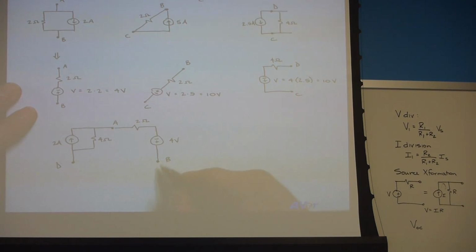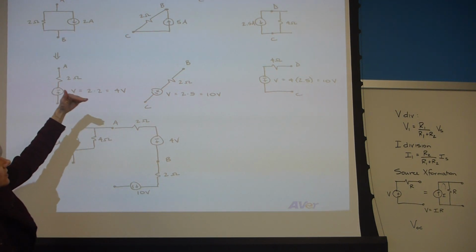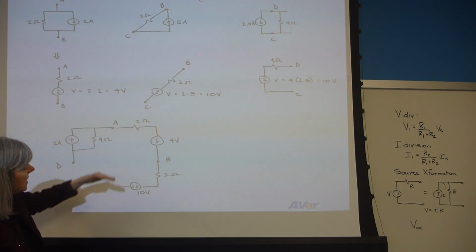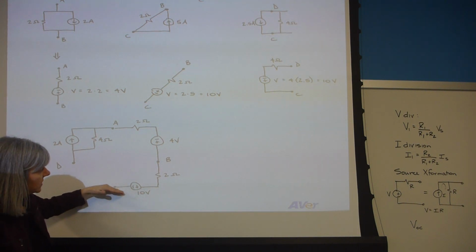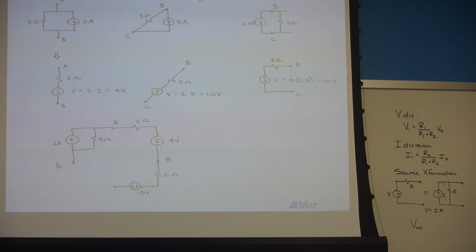B to C, another resistor. I'm going to just come around the corner. Voltage source, 2 ohm resistor, 10 volt source. And again here, if we look way up at the top, the current source is pointing from C to B, so that means I'm going to increase voltage from C to B. So that makes sense.